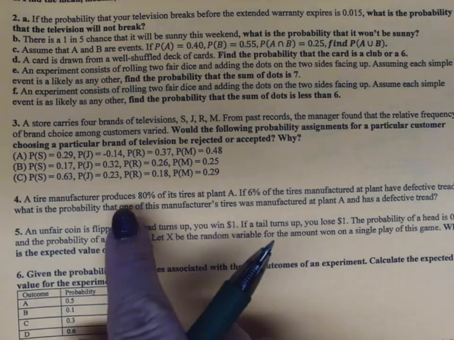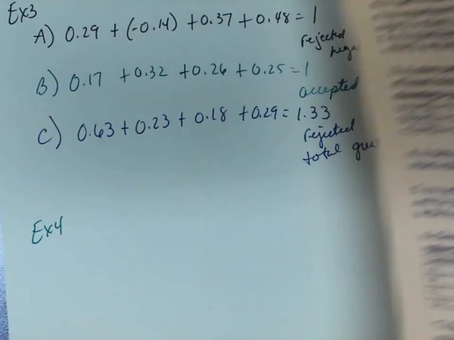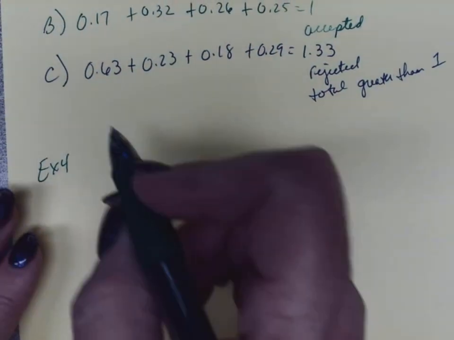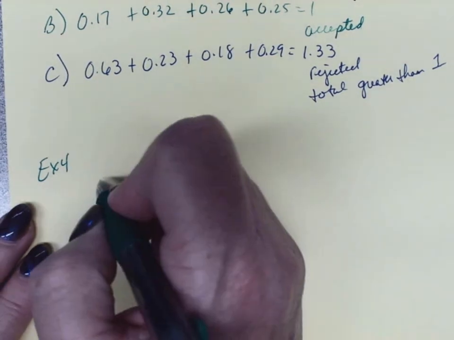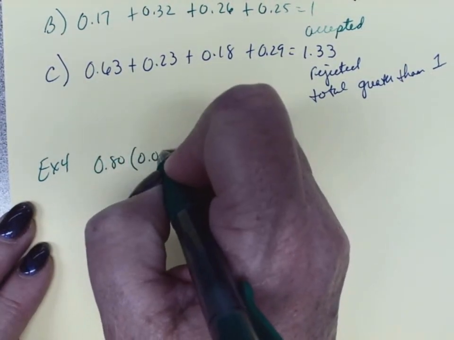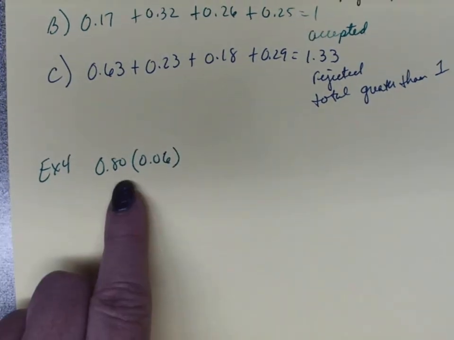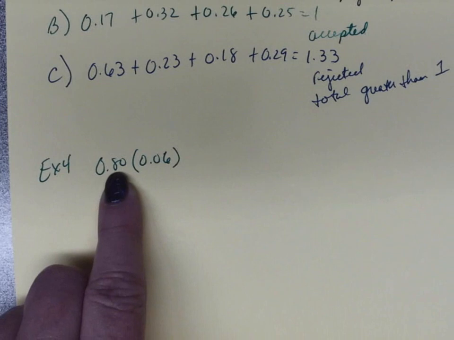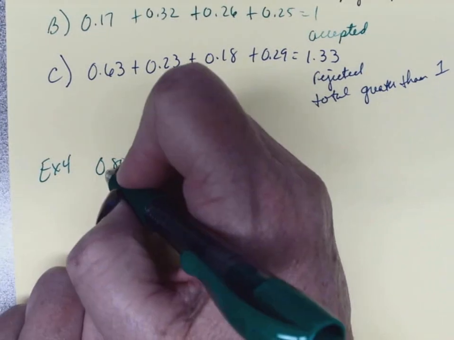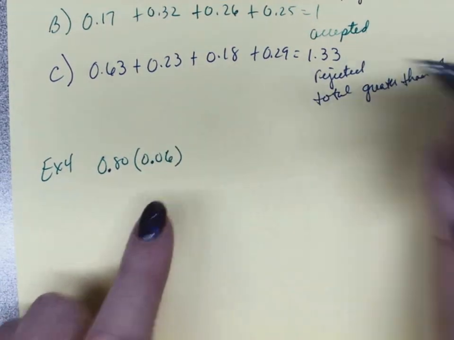Well, we're going to take our probability times our x value again, like we did in one of our sections. So we're going to take our 0.80 times 0.06. Notice I changed the percentages to decimals to do our math. So 80% becomes 0.8 and 6% becomes 0.06.